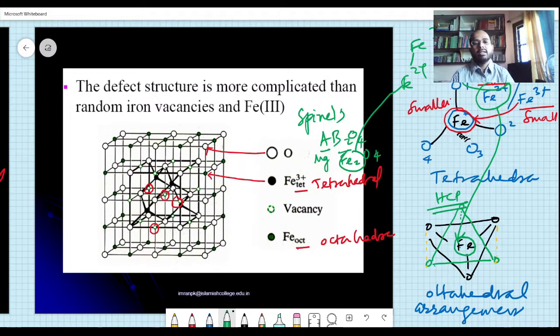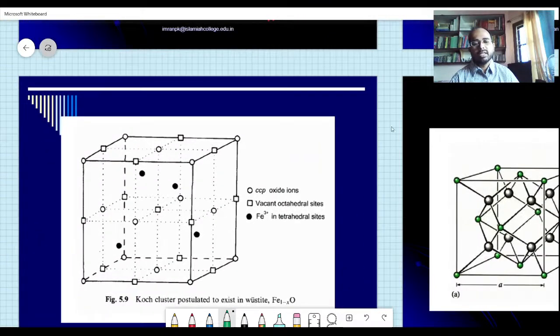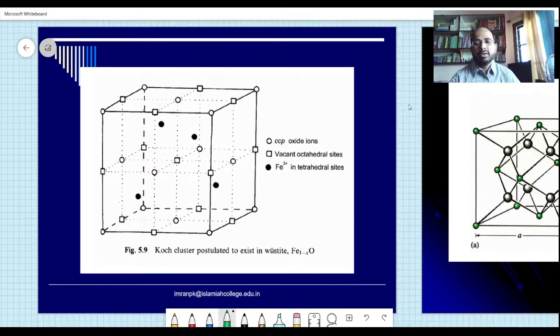When it is smaller, as in the case of Fe3+, because one more electron is removed, that will occupy the tetrahedral hole, and the other will occupy the octahedral hole. Crystallography is about getting pure crystalline substances without any defect. If there are any defects, the defects help in understanding the electrical and magnetic properties.